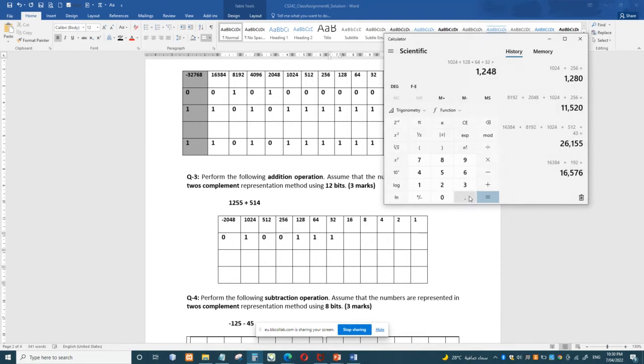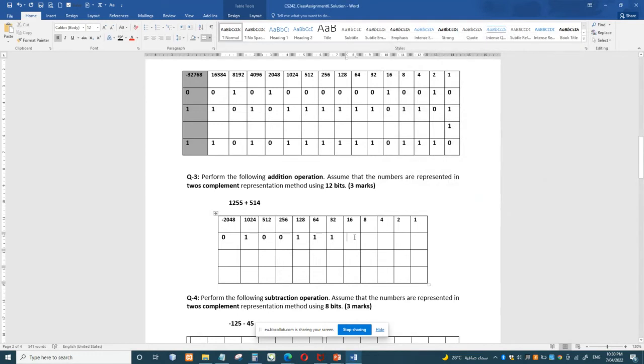We are left with 7. So we don't need 16, we don't need 8, but we need 7. So 1, 1, 1: 4 plus 2 plus 1 is 7. So that's 1255 in 2's complement representation.